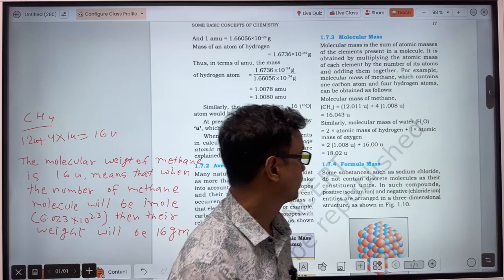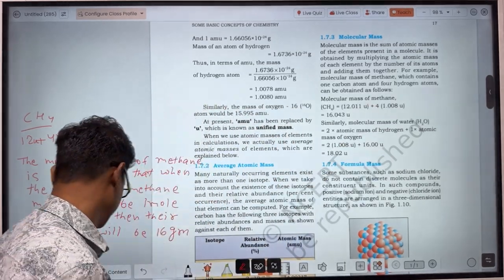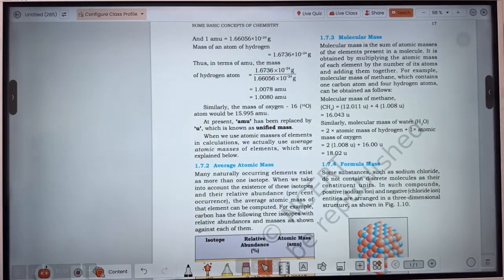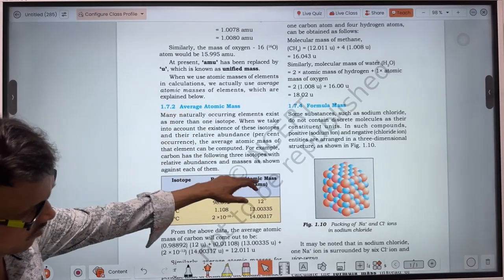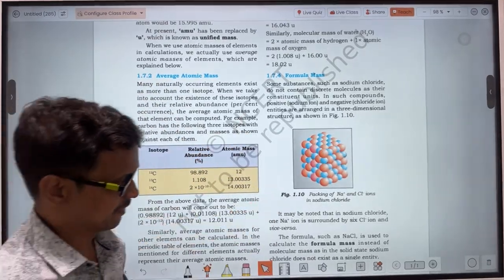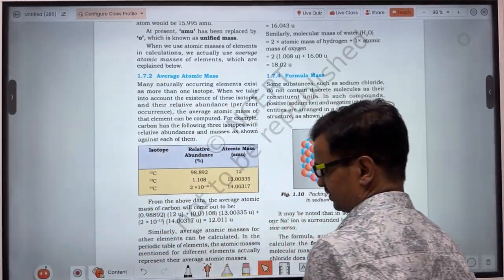Now let's see the formula mass. Formula mass is applicable for ionic compounds.